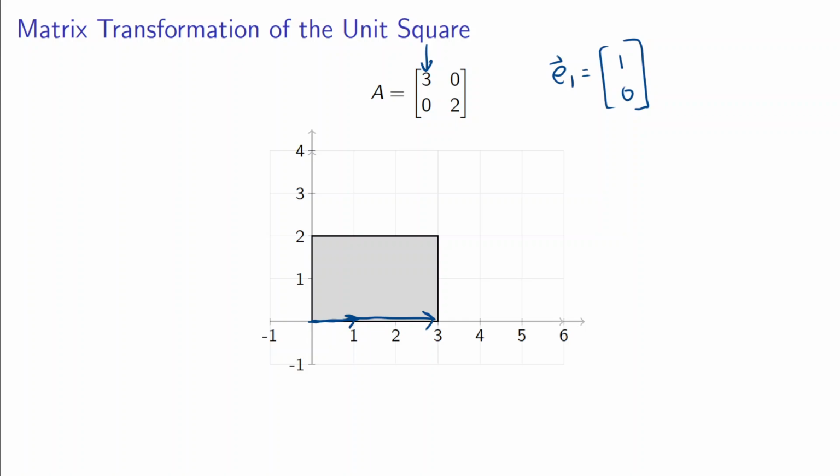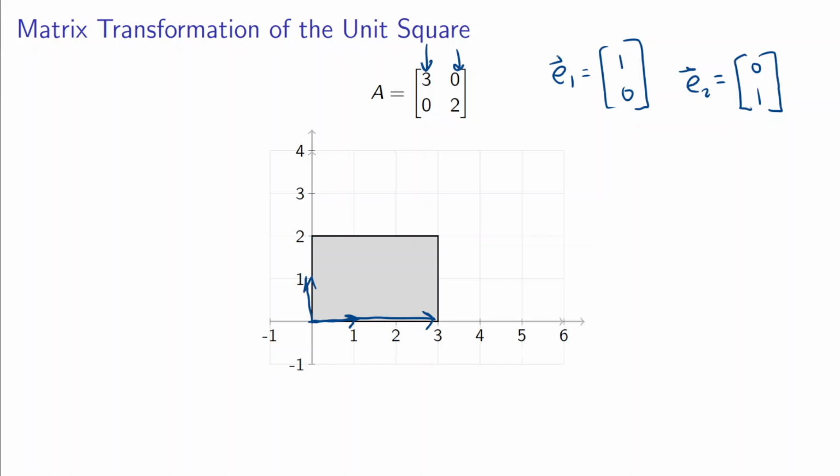So for this particular matrix transformation, we have in the horizontal direction a scaling factor of 3. Similarly, this second column here, 0, 2, is the transformed version of E2, which is 0, 1. So 0, 1 goes to 0, 2.